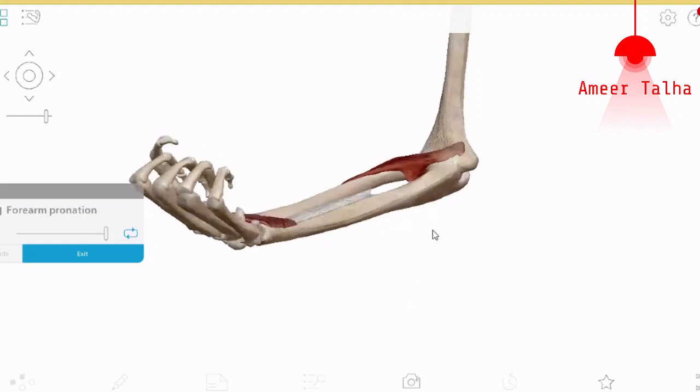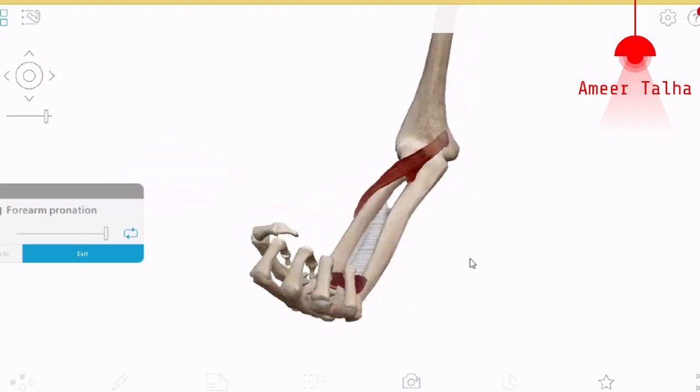So there must be some mechanism of weight transmission or force transmission from hand to the humerus, because these bones are not directly transmitting weight to one another. So this interosseous membrane is acting as the mid-radioulnar joint.